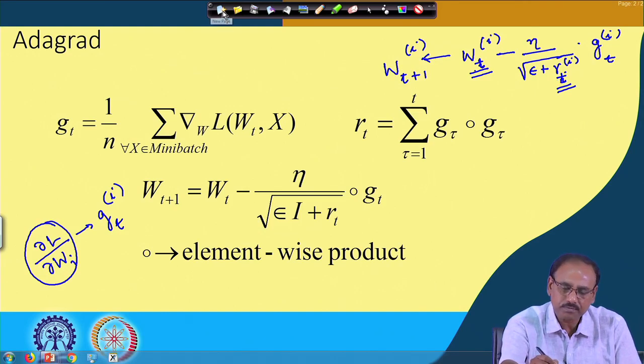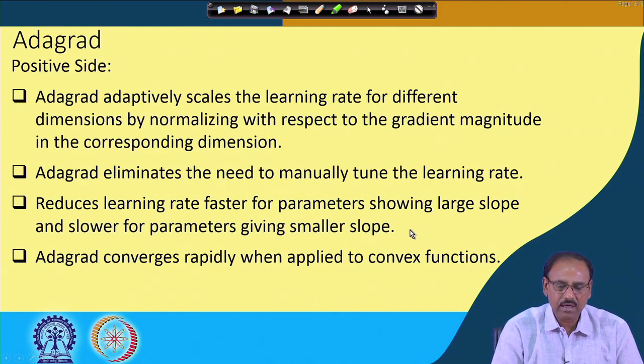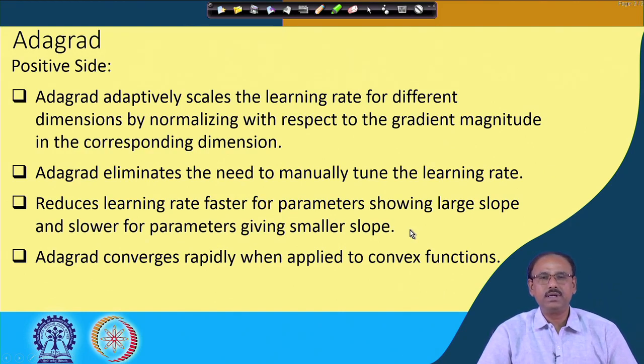We have also seen the positive points of this AdaGrad algorithm. The first positive point is that it adaptively scales the learning rate for different dimensions by normalizing with respect to the gradient magnitude in the corresponding direction. So if the gradient magnitude in a particular direction is more, the learning rate in that direction will reduce, whereas if the gradient component in a particular direction is small, the learning rate in that direction will not reduce that much.